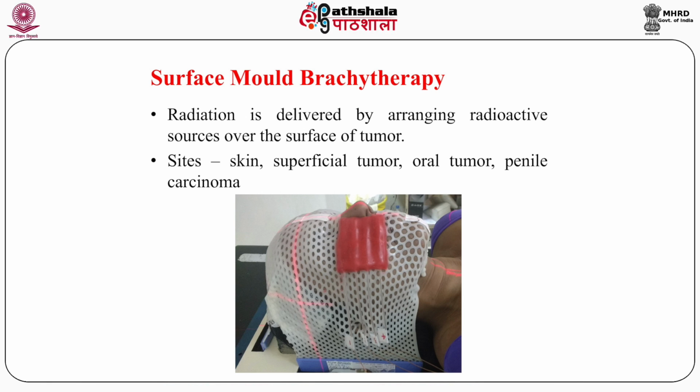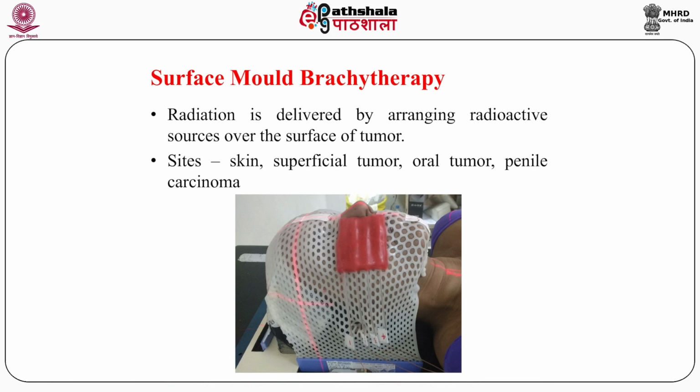Now, another type of brachytherapy is surface mold brachytherapy, where the tumor is either on the skin surface, just below the skin surface, or at a little depth, like superficial tumors of the skin, oral tumors, etc. Radiation is delivered by arranging radioactive sources over the surface of the tumor.